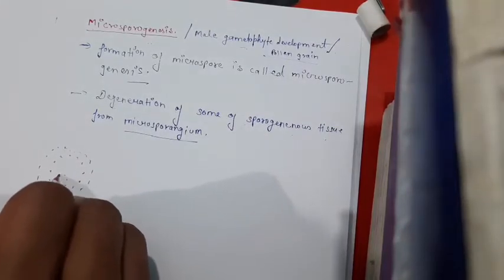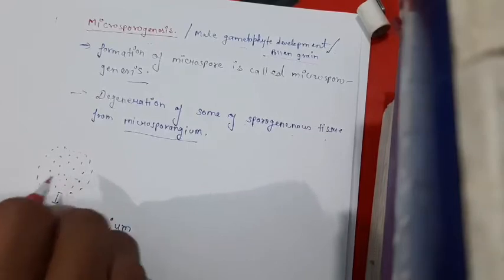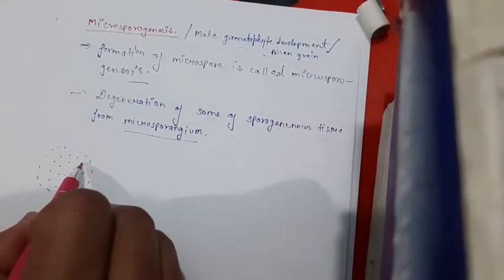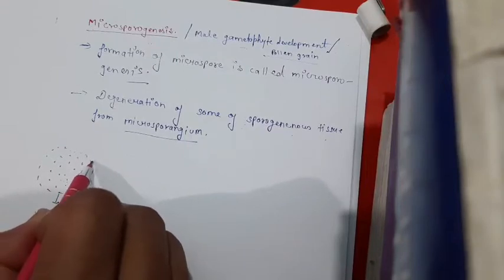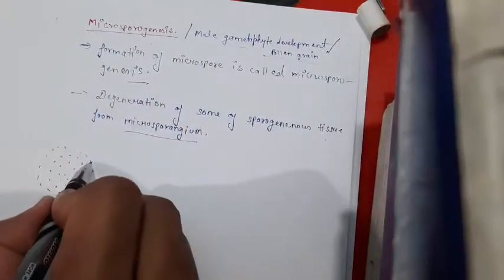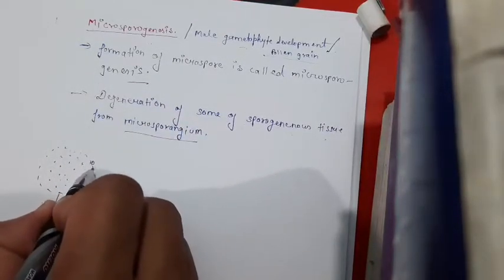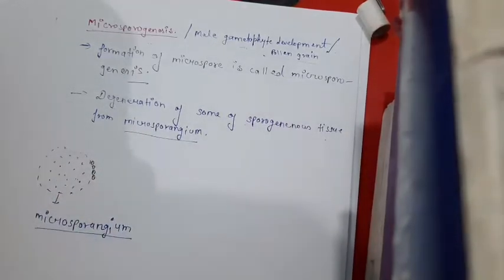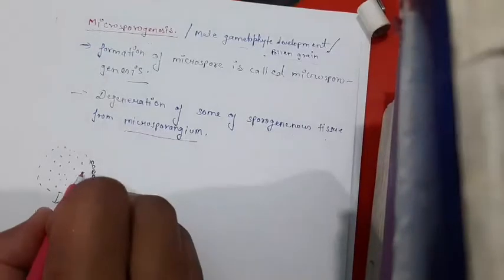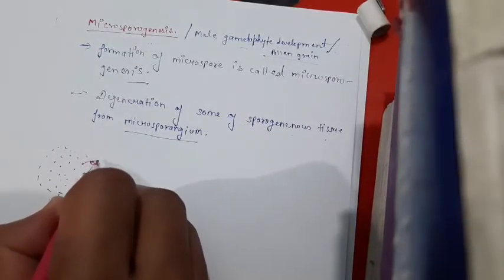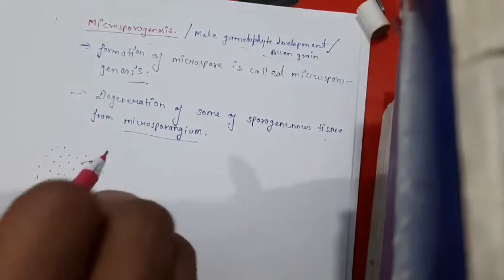Sporogenous tissue is also known as sporogenous cells. Here some of the sporogenous tissue is absorbed by the tapetum. Here the tapetum is present. So some of the sporogenous tissue is absorbed by the tapetum.